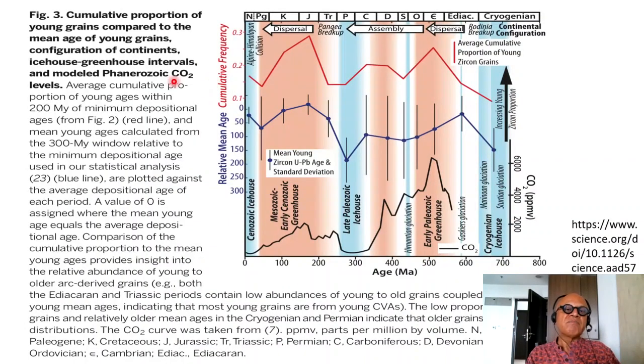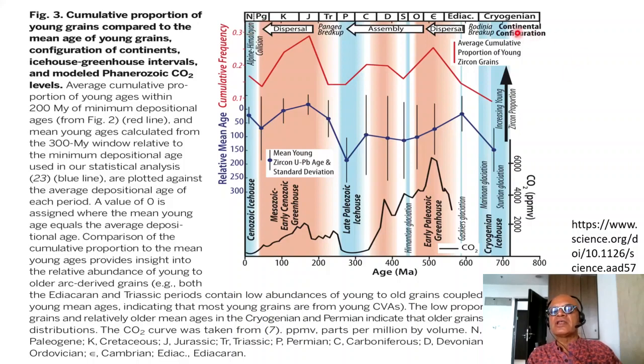Finally, to look at the impact of magmatism itself, here we are looking at the cumulative proportion of young grains compared to the mean age of young grains, configuration of continents, icehouse and greenhouse intervals, and modeled Phanerozoic CO2 levels. So we are going here from 800 million years ago to the present, Paleogene, Neogene.